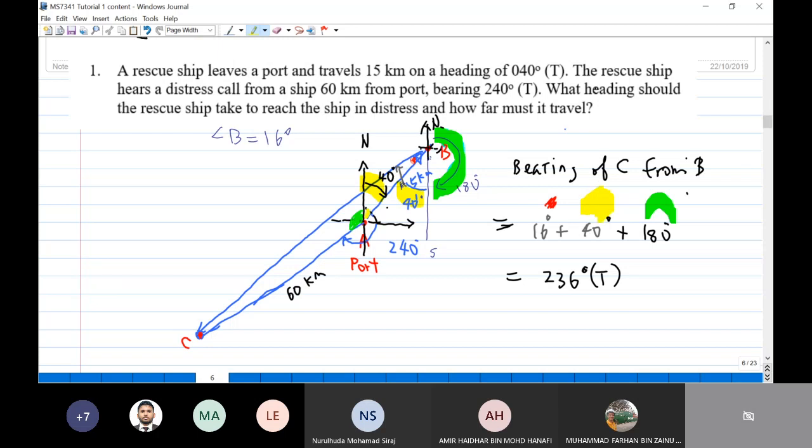And then the 16 degrees we found somewhere here, we calculated here. Then you add together, and you get the bearing of C from B. The bearing of C from B is the heading, the direction you're supposed to find. What heading should the rescue ship take to reach the ship in distress? And this answers the second part of the question.